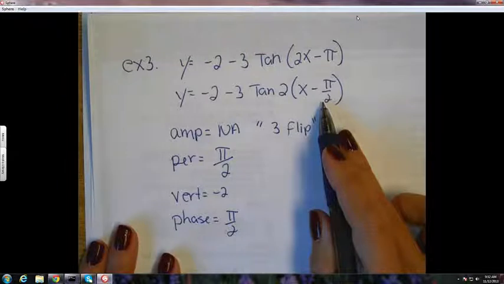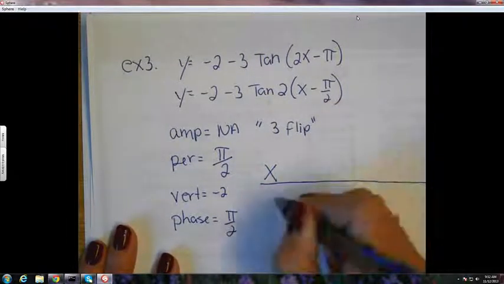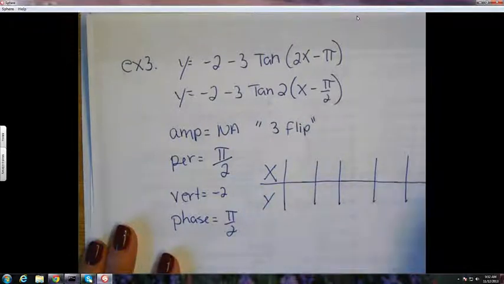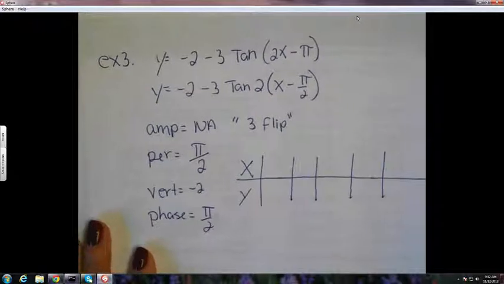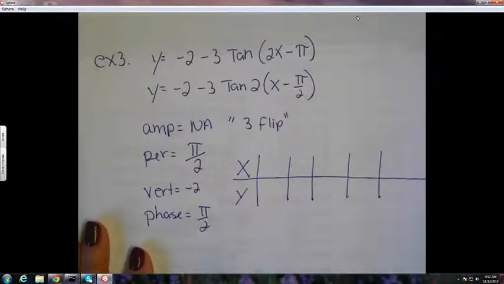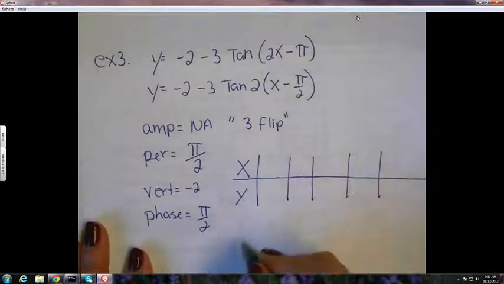Okay, the table. Tangent's not your friend because you don't just start at the phase. Tangent starts off center, so we got to calculate it.